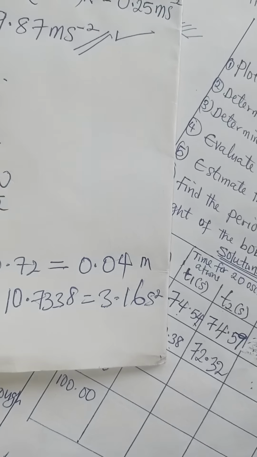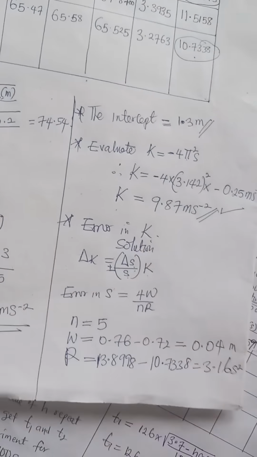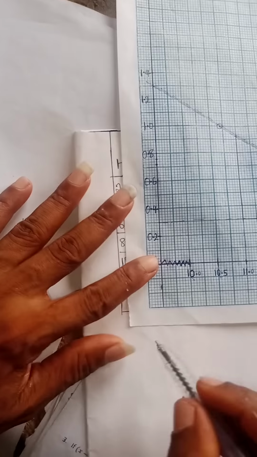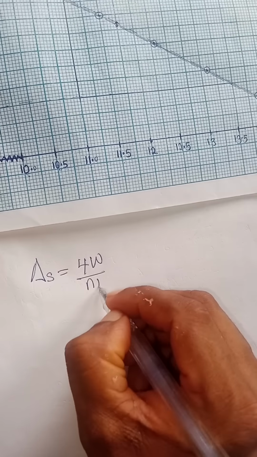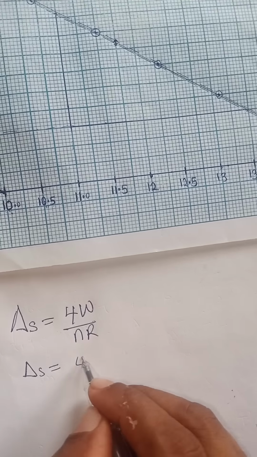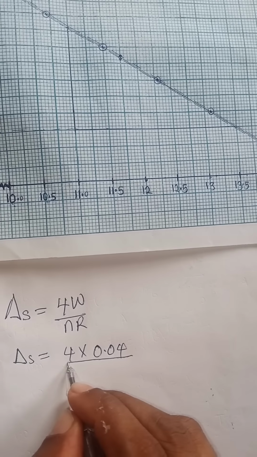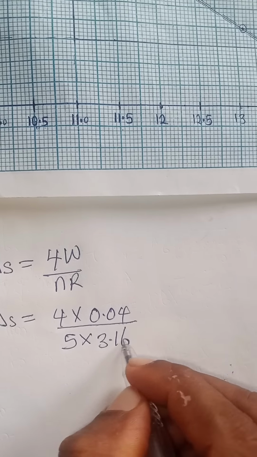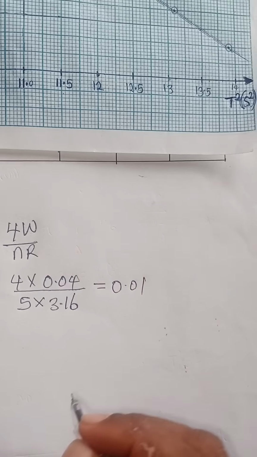Now, if I've gotten my range and my vertical scatter, we can now find our error in slope. So therefore, error in S is equal to 4W over NR, which will give me 4 times 0.04 all over 5 times 3.16, which will now give me 0.01.